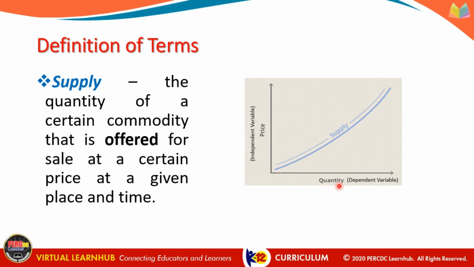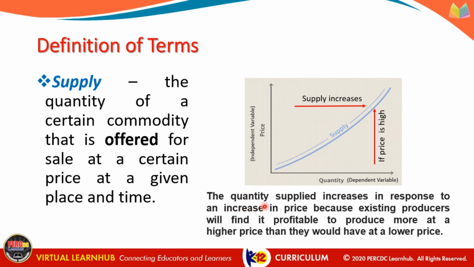In this graph, we can see that supply is directly proportional to price. That is, if price is high, supply increases. The quantity supplied increases in response to an increase in price because existing producers will find it profitable to produce more at a higher price than they would have at lower price. Okay?